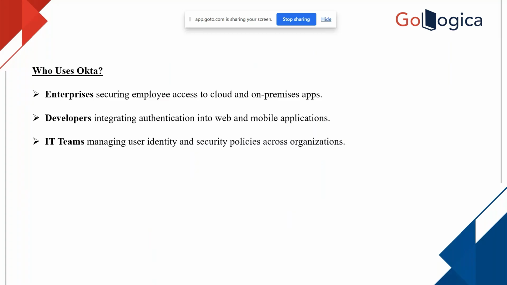Developers require Okta for integrating authentication into web and mobile applications. We are developing multiple applications, and our developers are creating lots of applications for web and for mobile. So how do these applications get connected with our infrastructure?